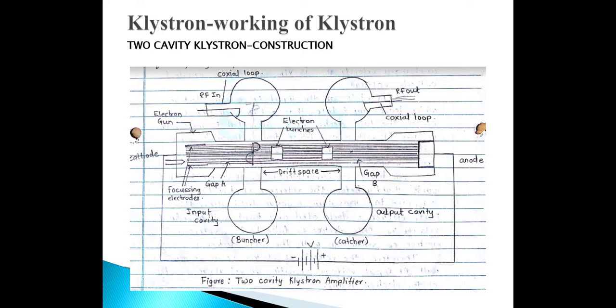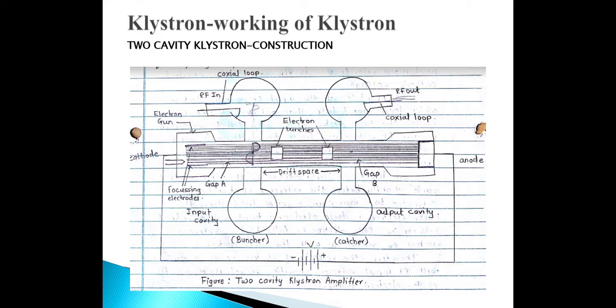Here a high velocity electron beam is formed, focused and sent down along a glass tube through an input cavity, or buncher, a field free drift space, and an output cavity, that is catcher, to a collector electrode or anode. The anode is kept at positive potential with respect to the cathode.